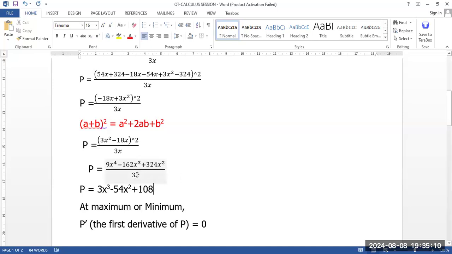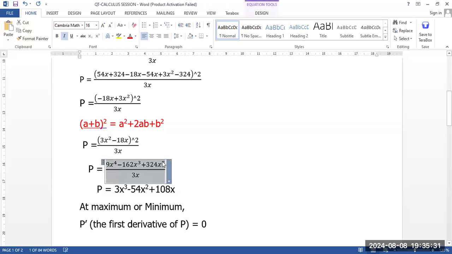Then x squared divided by x, you get x. So basically, you do this if you realize that your numerator's figures can be divisible by your denominator. That's why we are doing this.